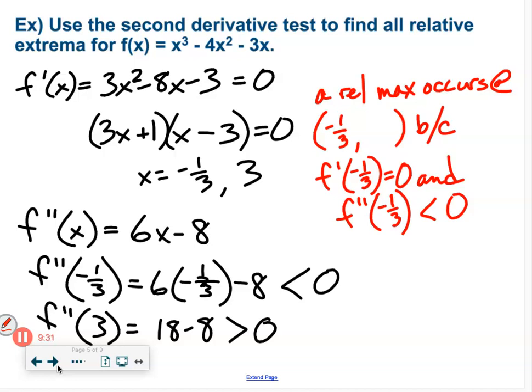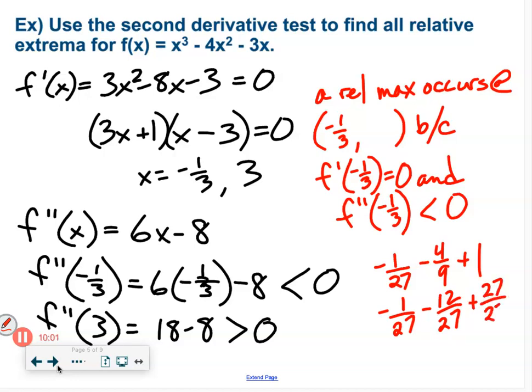Now I got to find a y value, right? So if I find the y value at negative 1/3, I get negative 1/27 minus 4/9 plus 1. Is that right? Okay. So negative 1/27 minus 12/27 plus 27/27ths.